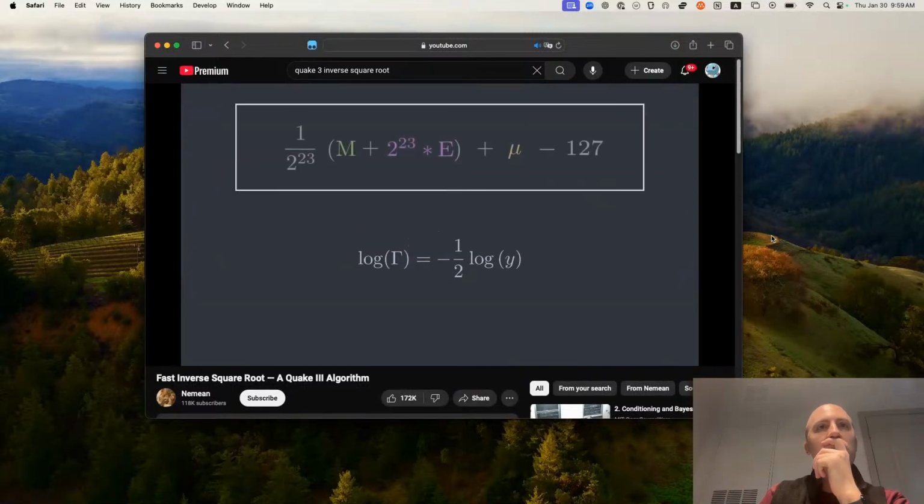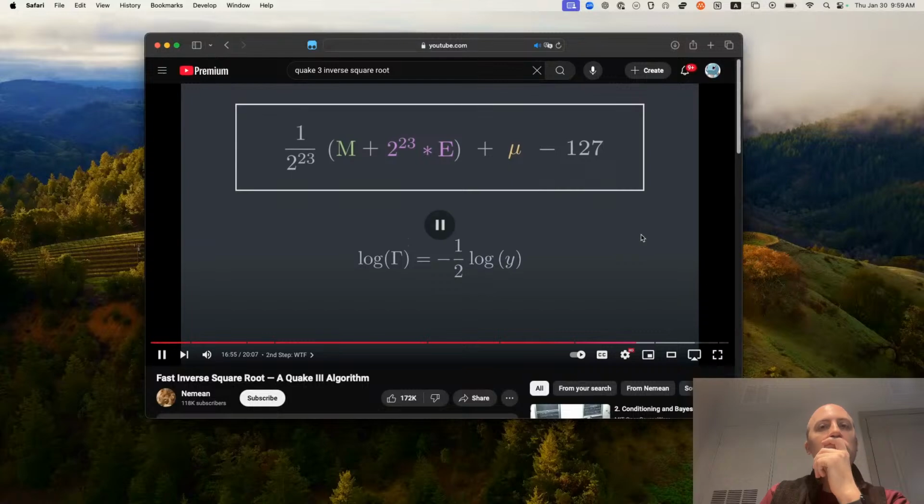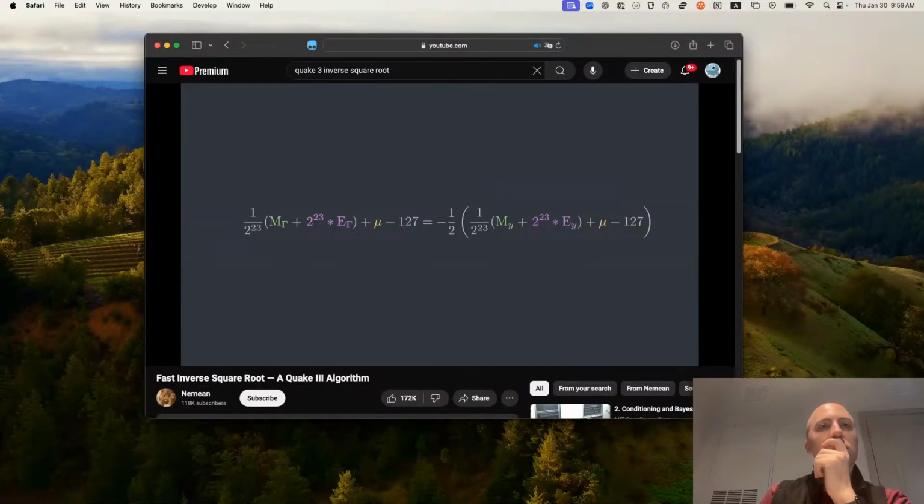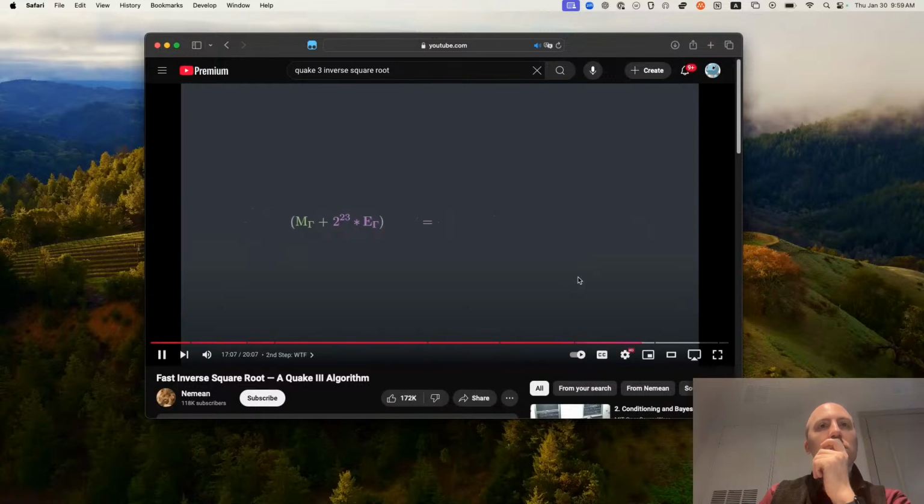Now we replace the logarithm with the bit representation. And then we just solve for the bits of gamma. I'll spare us the details, but this is the result.